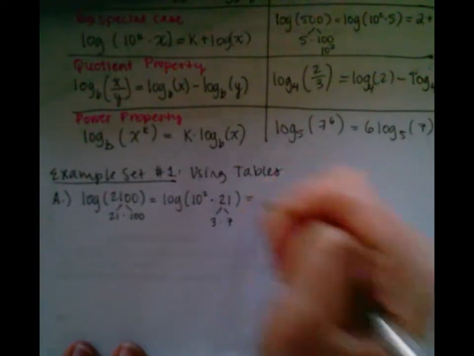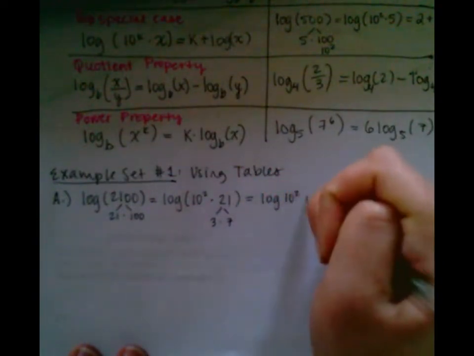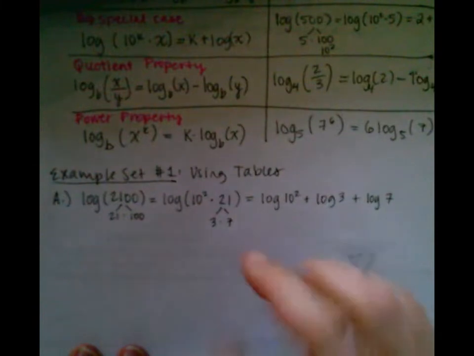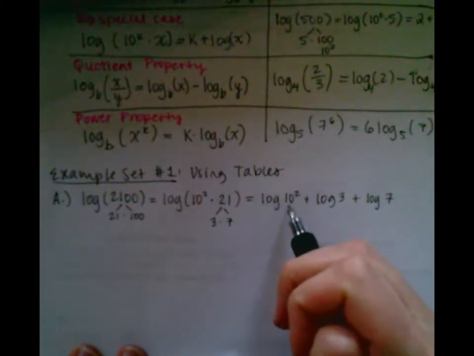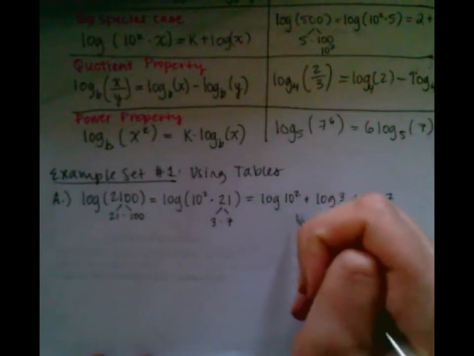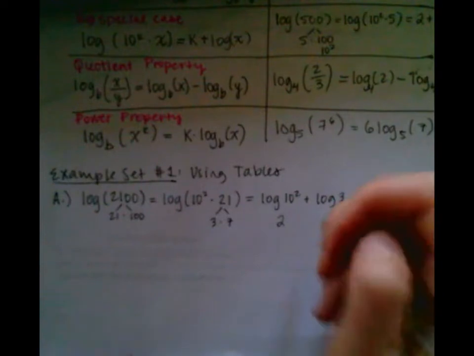So this should split into log of 10 squared plus log of 3 plus log of 7. Log of 10 squared, well, I remember this is base 10, so this just becomes the exponent, because 10 to what power is 10 to the 2nd? 2.